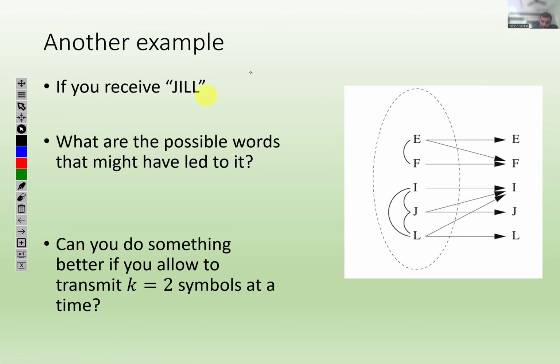So for instance, suppose you receive JILL. What were the inputs that could lead to this? Can someone suggest two or three words that could have led to the output being JILL given this graph?